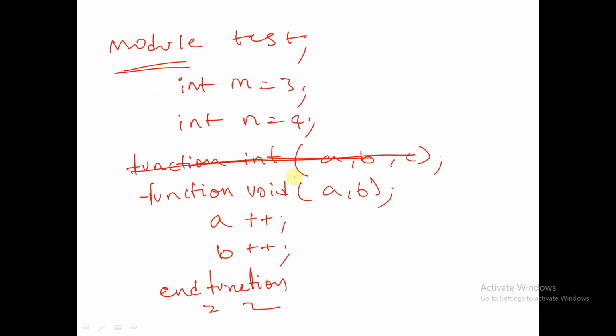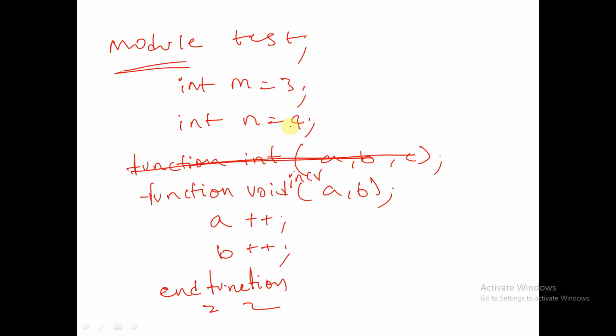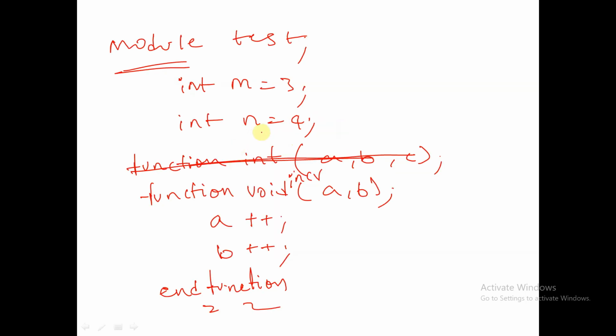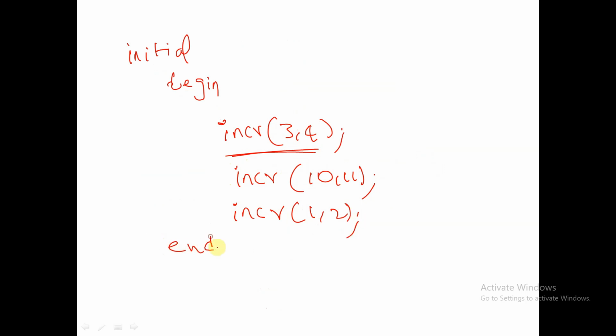My function name is say incr. So I will call incr function and I will pass the values of 3 comma 4, and again I will call the function and pass the values of 10 comma 11, ending this and ending the module.